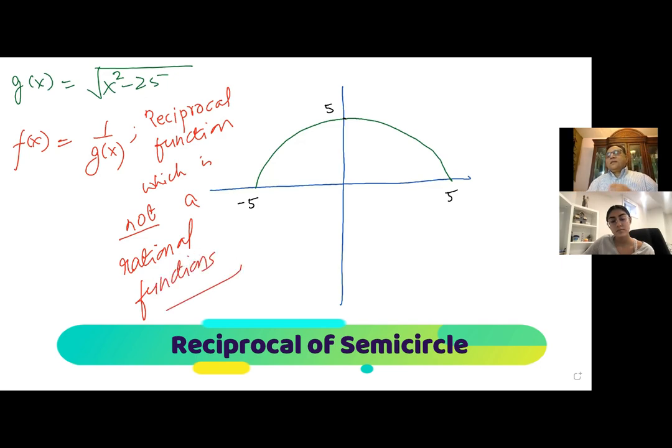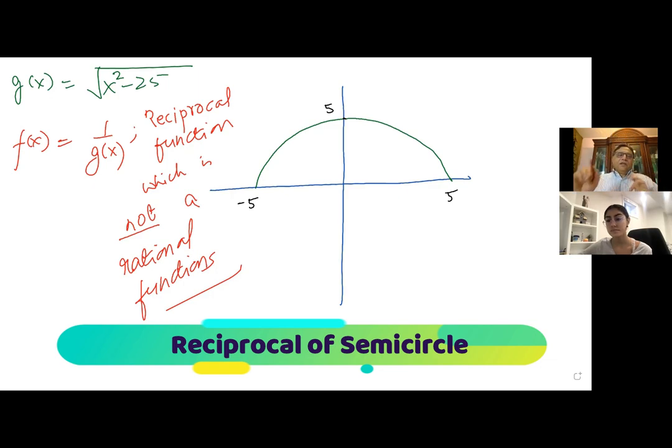Many times students get an idea that a reciprocal function is a rational function. That is not correct. Any function could be in the denominator. A reciprocal function is 1 over g of x, where g of x is a function. It could be sine theta. So it is not necessarily a rational function.